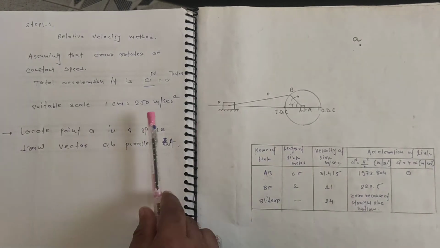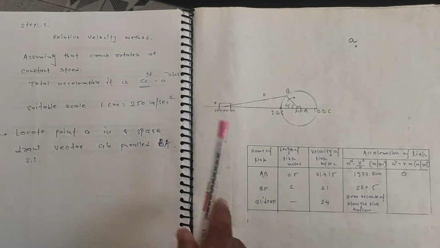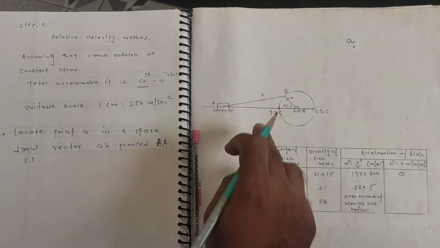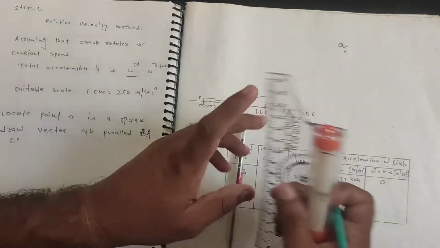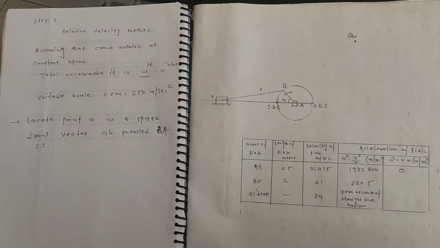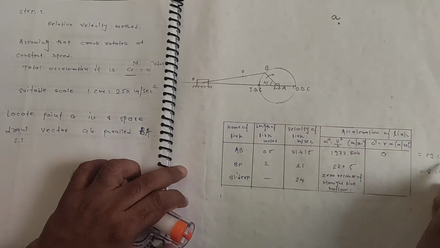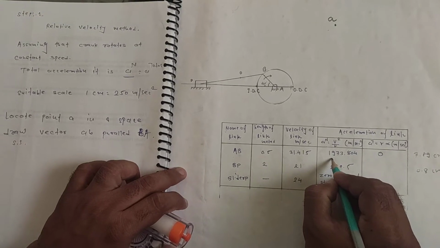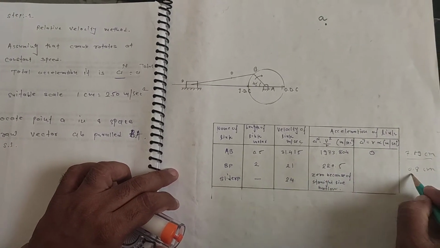Okay, so with the help of the suitable scale, this is our BA link, and as per the dimension with a suitable scale, I have to make some calculation so that this dimension may be represented by this scale.